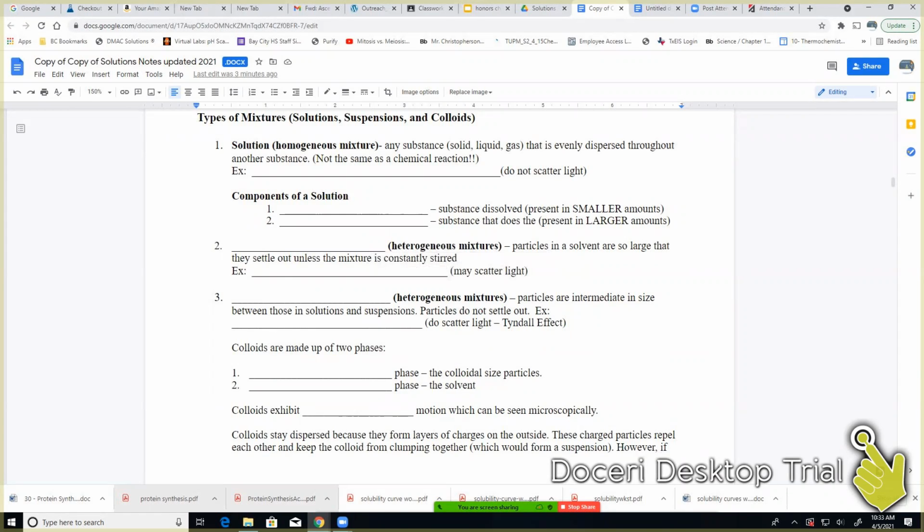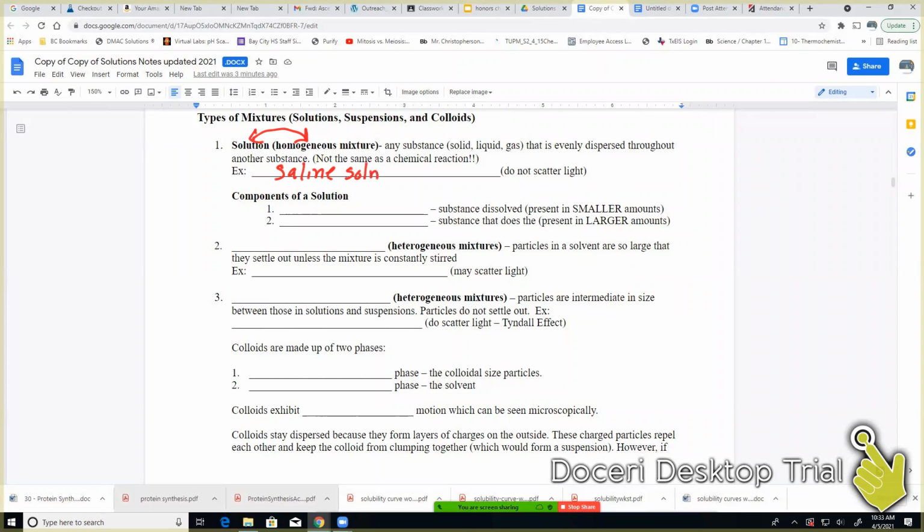All right, so solution, homogeneous mixture, same thing. We're tending to call them solution in this unit. It has the smallest particle size, and so it will go into solution or it will dissolve. An example of that would be a saline solution.